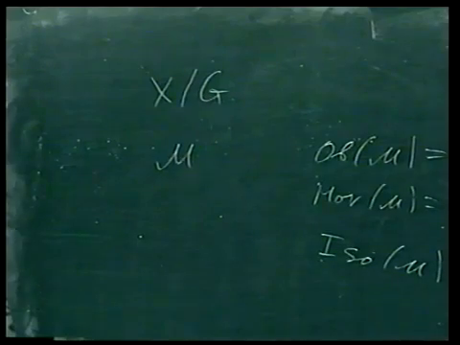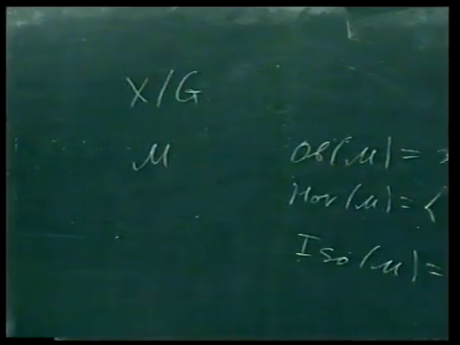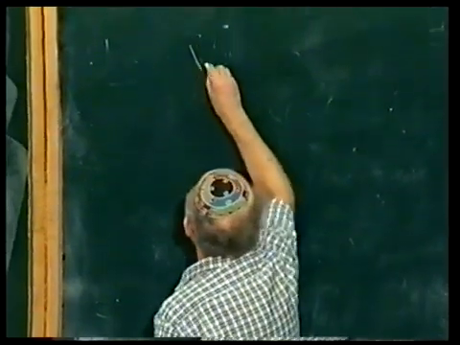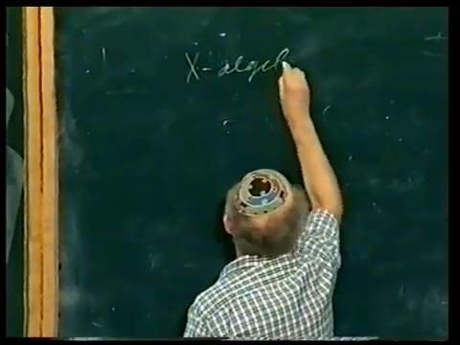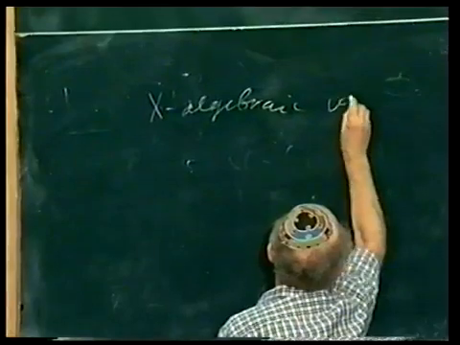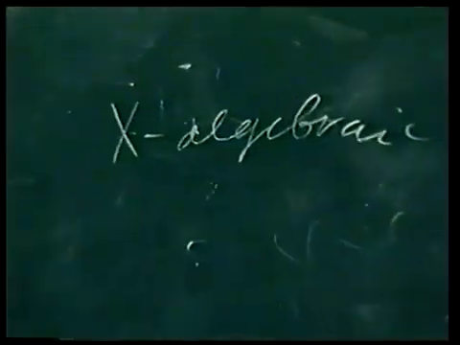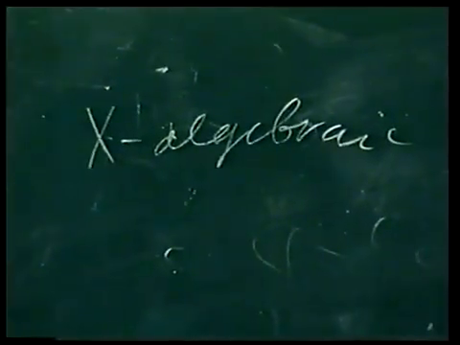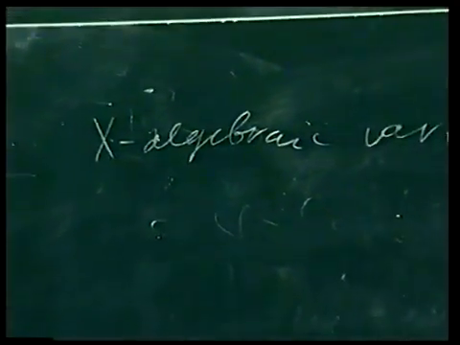So first of all, when I talk about geometry, I should explain how to think about geometry. For instance, if X is an algebraic variety, how to think about the geometry of X? What does it mean?